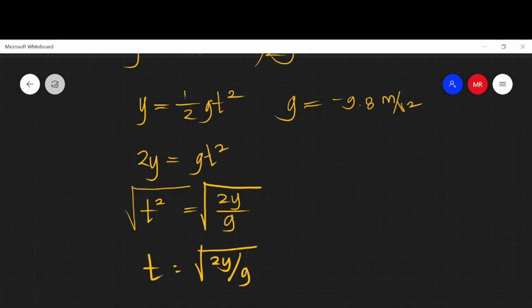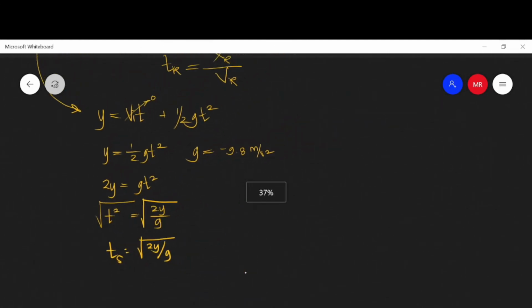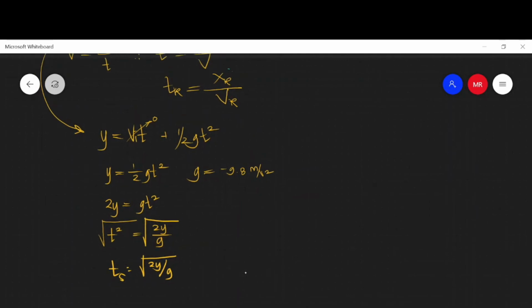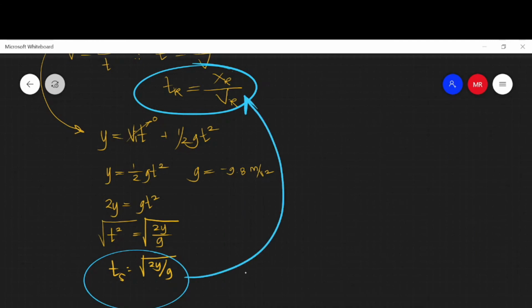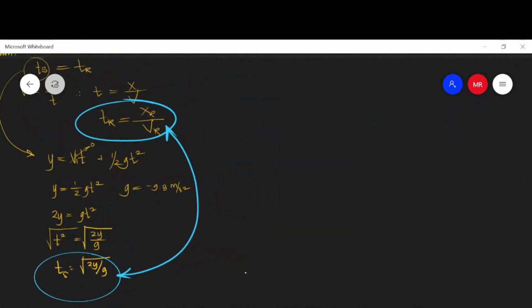This is now the time of the stone, where this time is also equal to the time of the raft. So these equations are equal, and we need to equate the time of the raft and the time of the stone. So let us continue to solve.